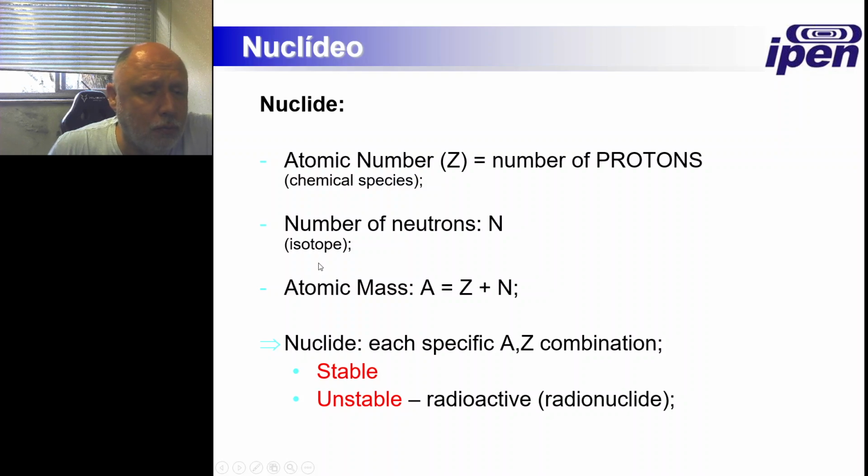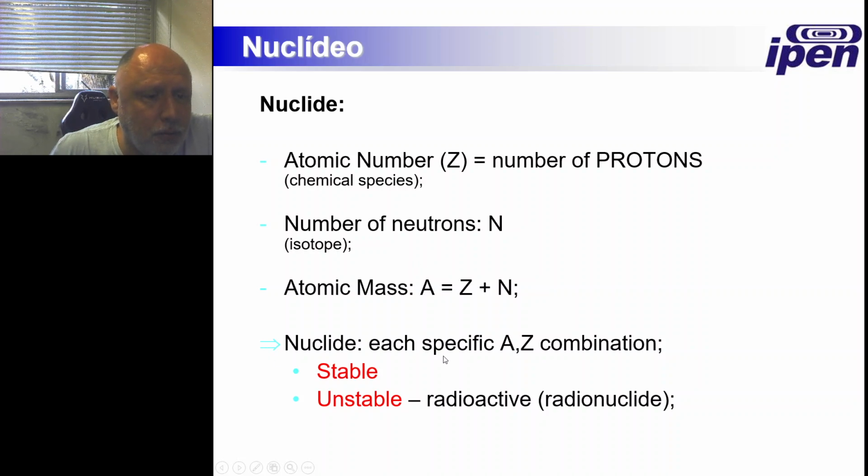And well, as we showed before, protons and neutrons have very similar masses, so a very good approximation of the overall weight of that nucleus would be just to add up the number of neutrons and number of protons, giving something we call atomic mass. So it's the sum of protons and neutrons. If I have 6 protons and 6 neutrons, I have an atomic mass of 12.